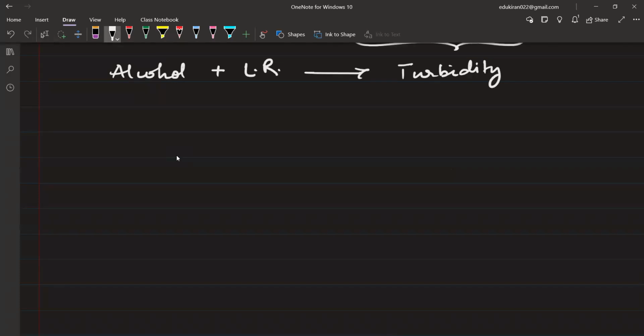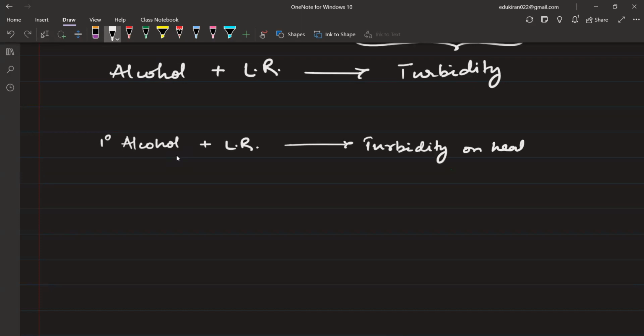That is why, please see, if I have 1 degree alcohol plus Lucas reagent, then it shows turbidity on heating. If you don't heat it, it will not show turbidity.